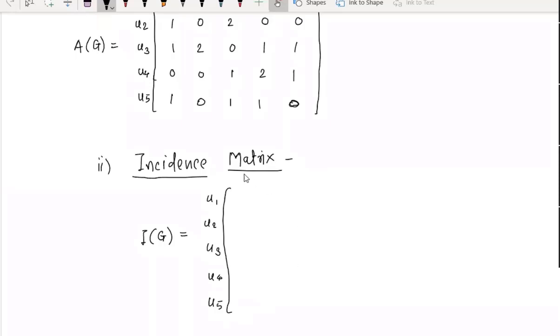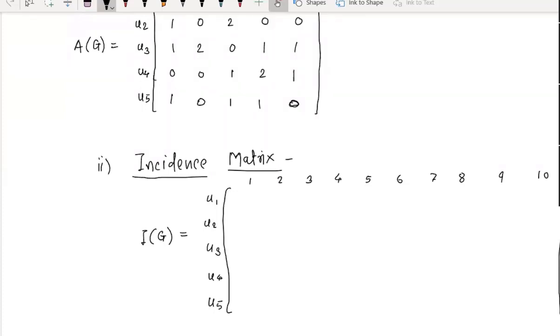And then columns represent the number of edges. How many edges are there? 10 edges are there. So the first edge is 1, then 2, edge number 3, 4, 5, 6, 7, 8, 9, and 10.